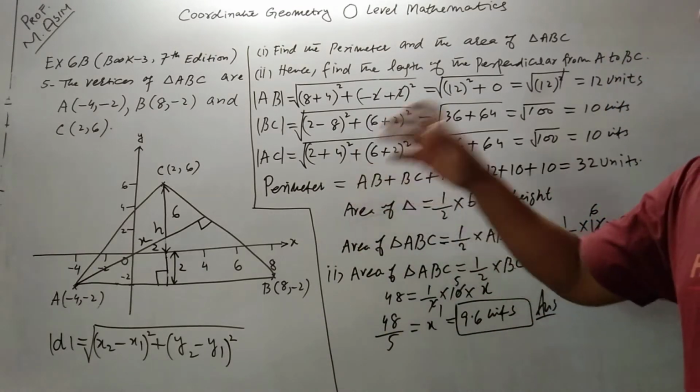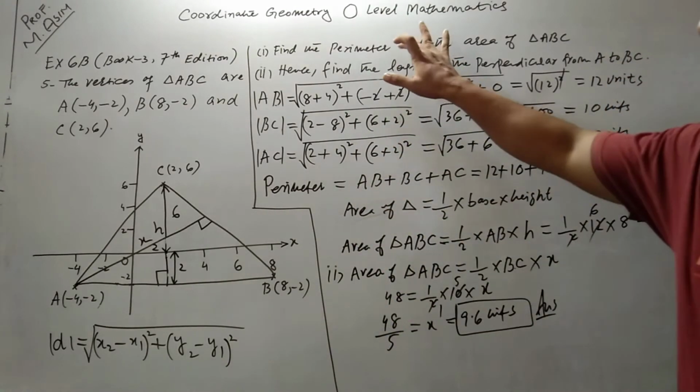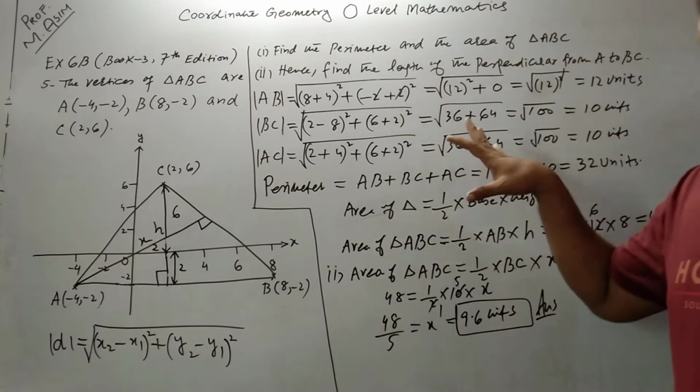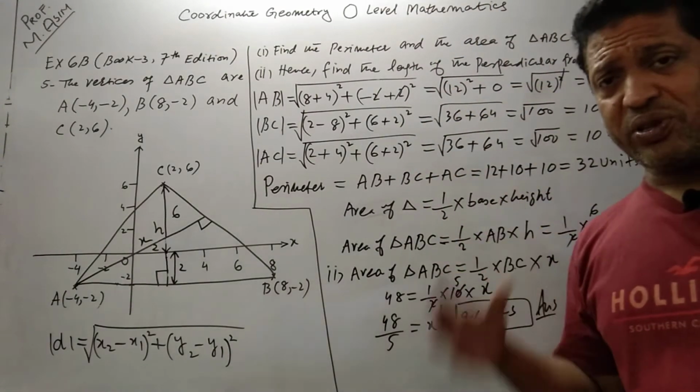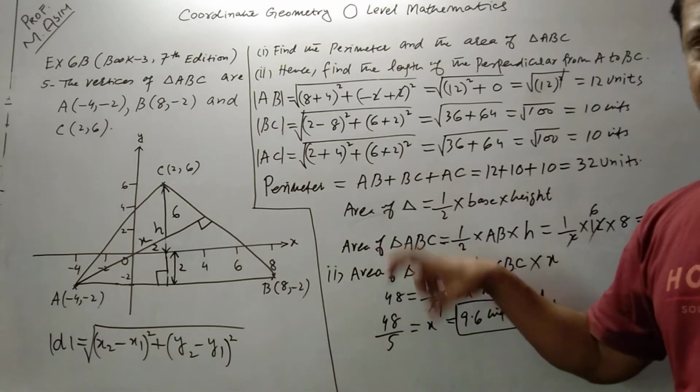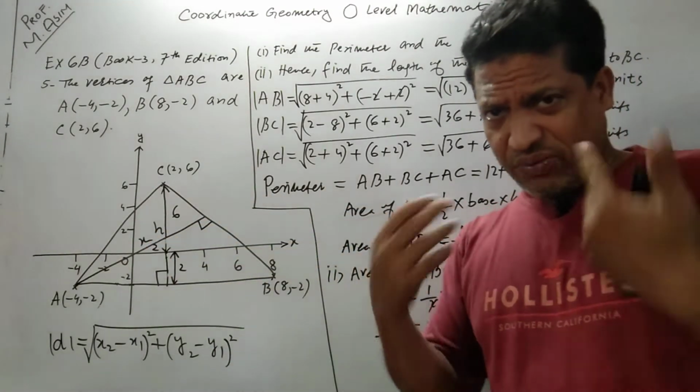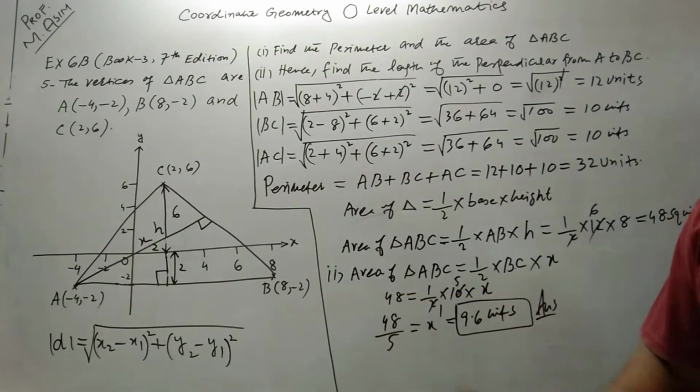We have learned a lot of things: how to find the perimeter, how to find the area, how to find the length of the perpendicular, and we have also seen that if we change the base and the height of the triangle, the area doesn't change. Okay, see next question.